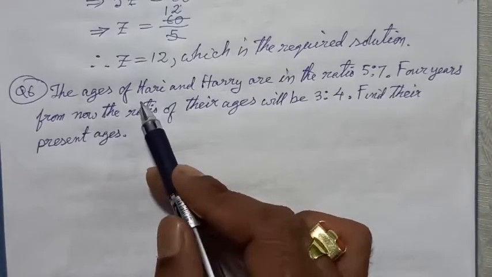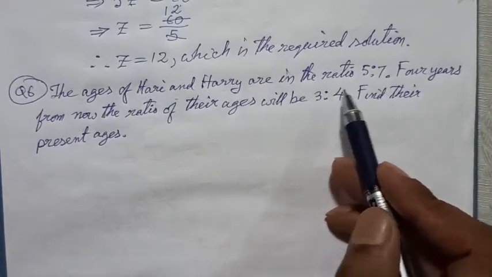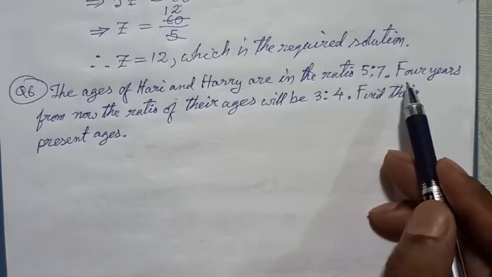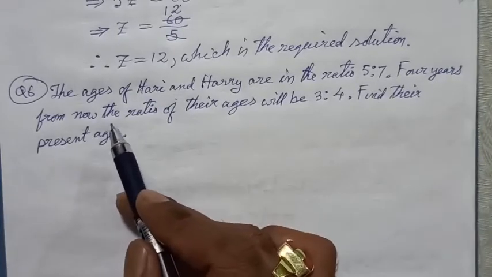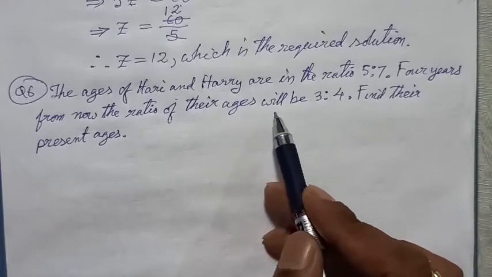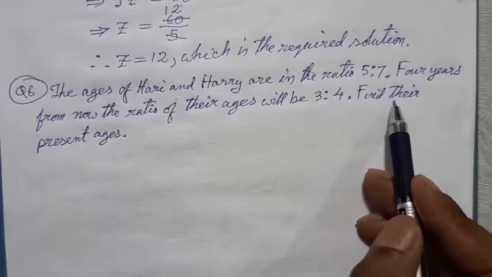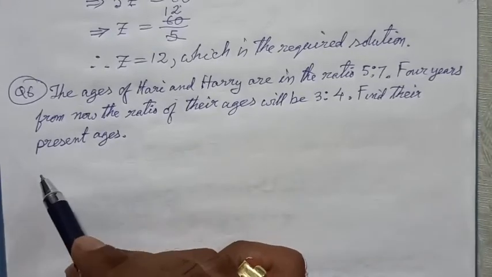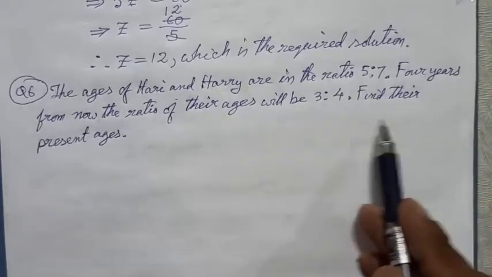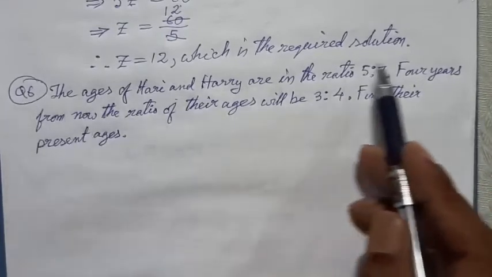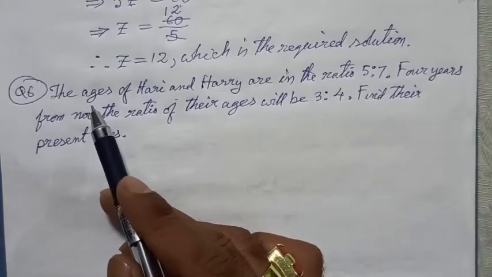The ages of Harry and Harry are in the ratio of 5:7. 4 years from now, the ratio of their age will be 3:4. Find their present age. Before we try to solve this question, we have to study the question well, and we need to understand the question very well.